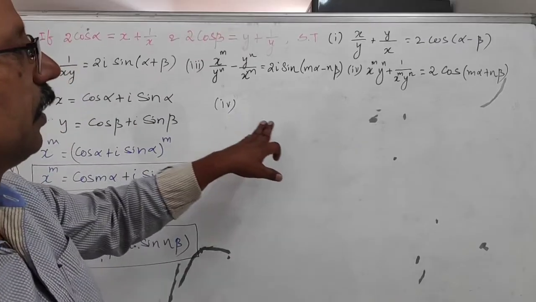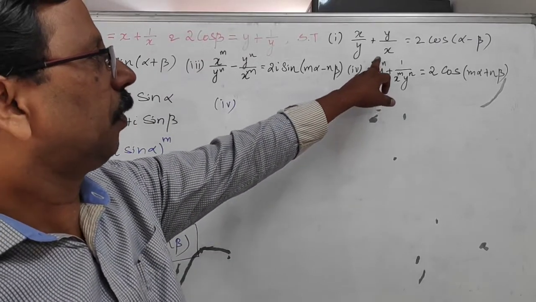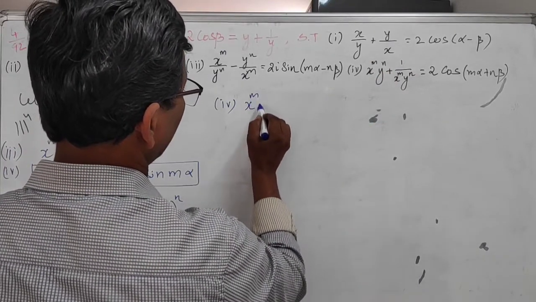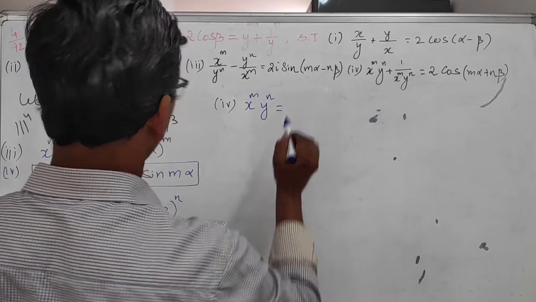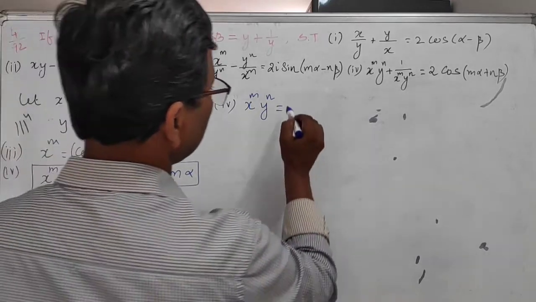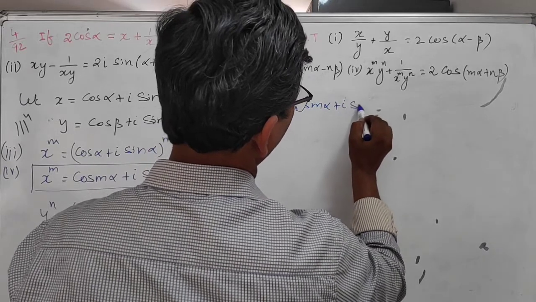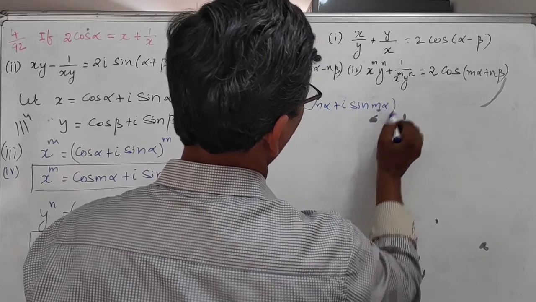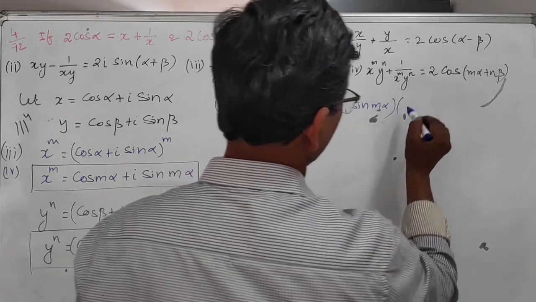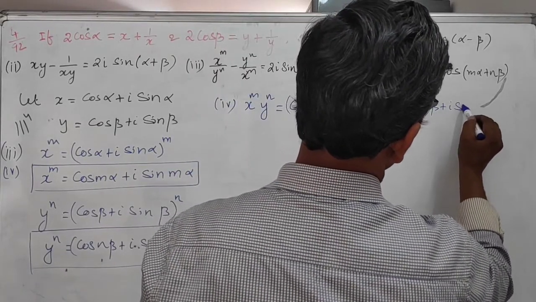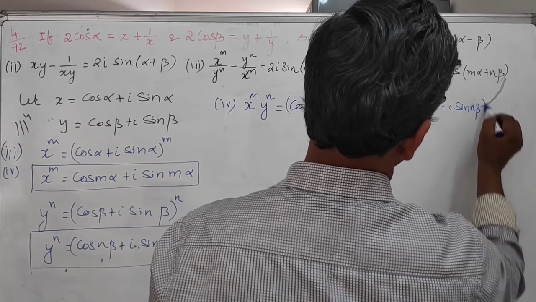Okay, next the fourth result is x power m into y power n. You can write x power m into y power n. x power m is cos m alpha plus i sin m alpha, into y power n, which is cos n beta plus i sin n beta.